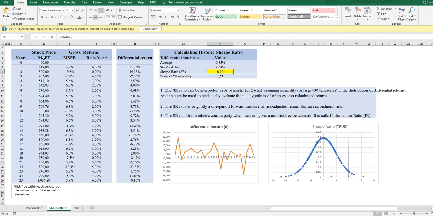If we take the relative value between the average and the standard deviation, we have the ex-post Sharpe ratio. So in the numerator we have the average return on Microsoft minus the average return on the risk-free asset, which is the same.